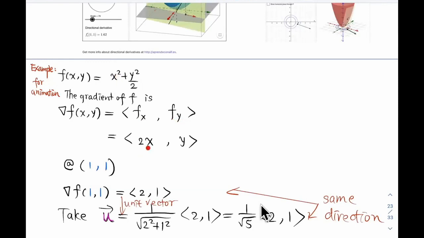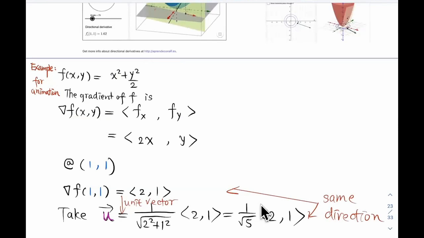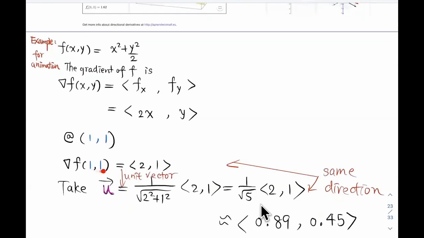So that will be 2x and that will be y. So that's the gradient. And let's think about the point (1, 1). You substitute x to be 1, y to be 1. Then the gradient vector will be (2, 1). I actually should erase this to let you guys figure this out. But anyway, I leave it there. So that's the gradient vector at the point (1, 1).